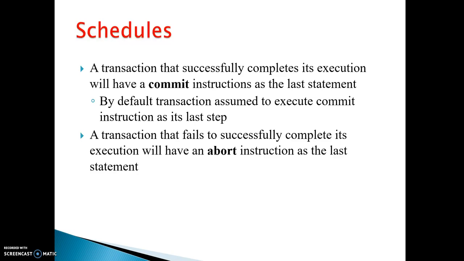A transaction that fails to complete its execution successfully will have an abort instruction as the last statement. In the earlier presentation, we discussed there are 5 states. One among them is abort, where the transaction is aborted because it is not proceeding properly.